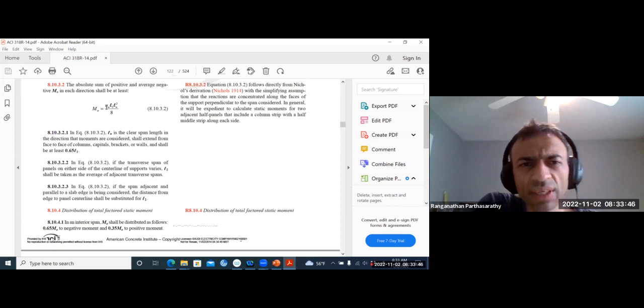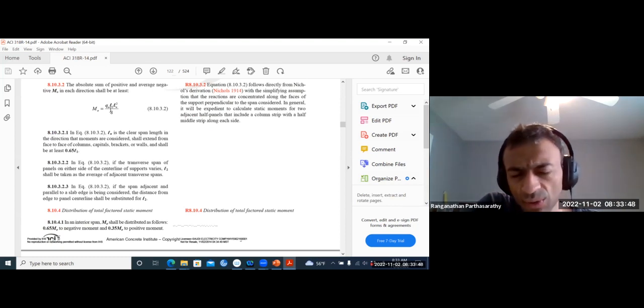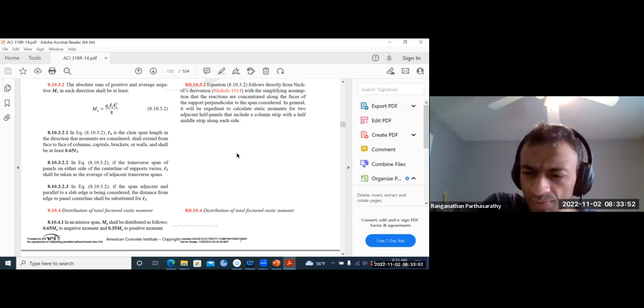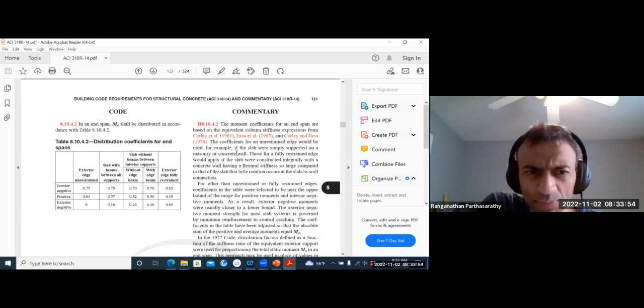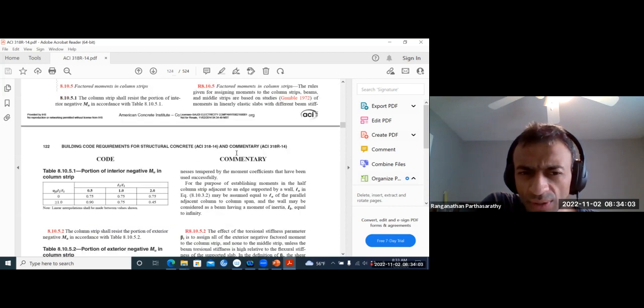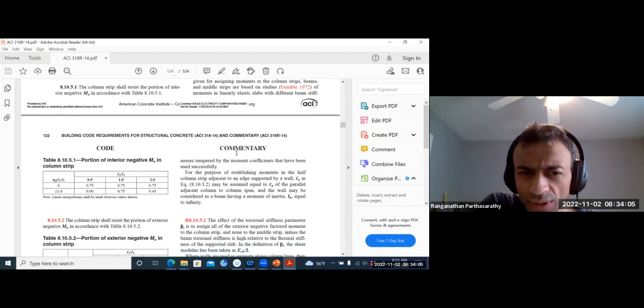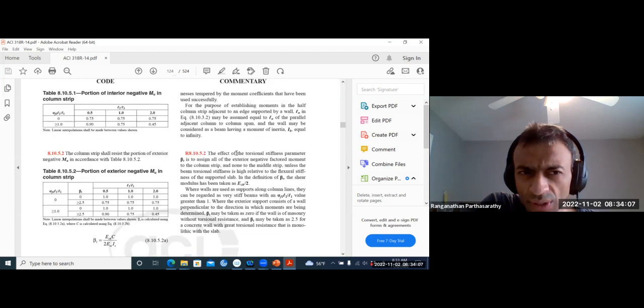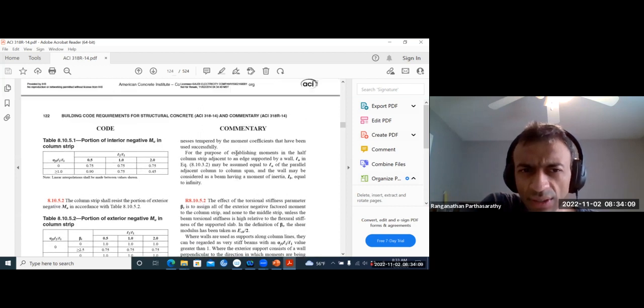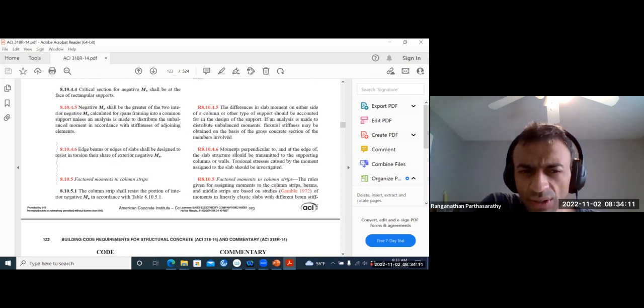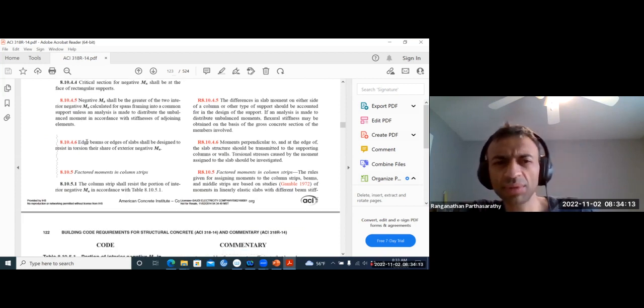As I was saying, M naught is Q L2 times Ln squared, so it is given separately here.